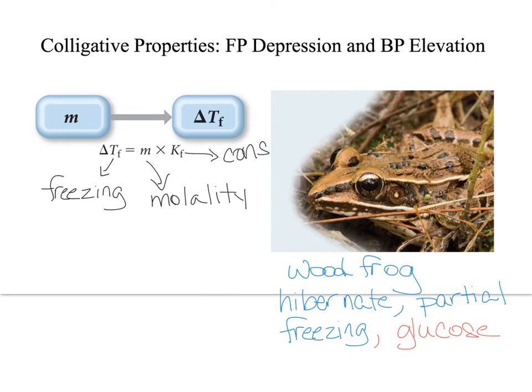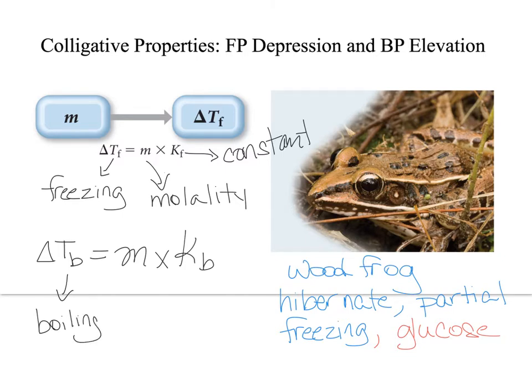So each different solvent, or the common solvents, will have a Kf. Likewise, we could say delta TB is equal to molality times KB. And this is the difference of temperature in the boiling point. Same thing, molality, and this is the boiling point constant.